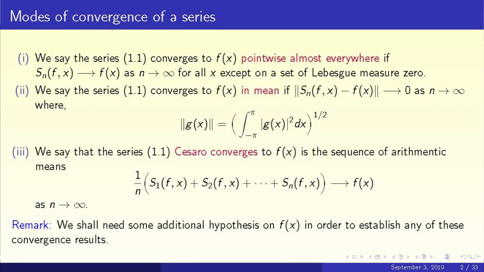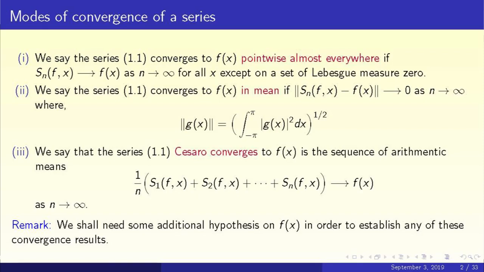The other one is when the partial sums Sn f converge to f in mean. You may recall, for example, in engineering courses, the RMS, the root mean square of a function. So what is the mean value of a function? The root mean square, the RMS value of a function g(x).